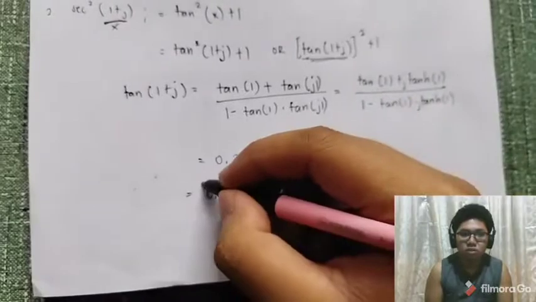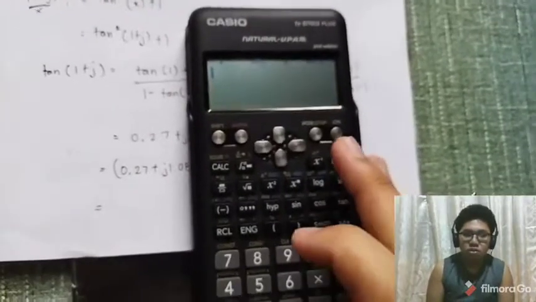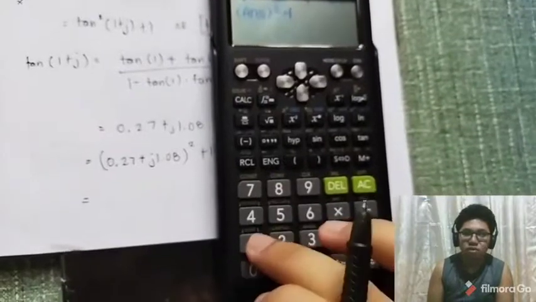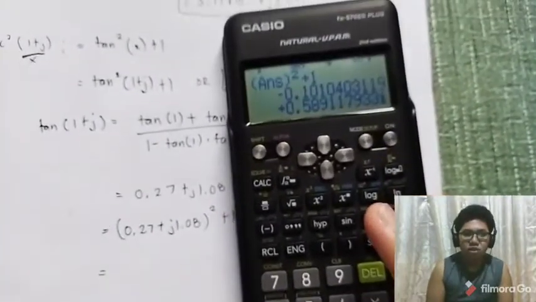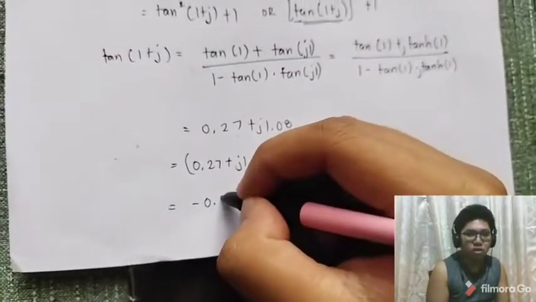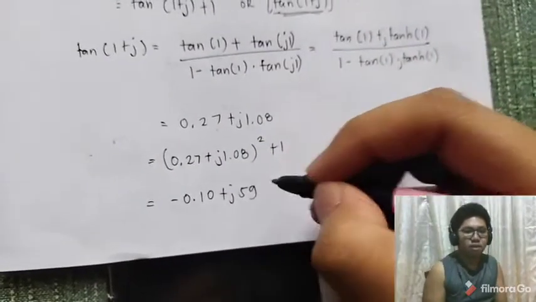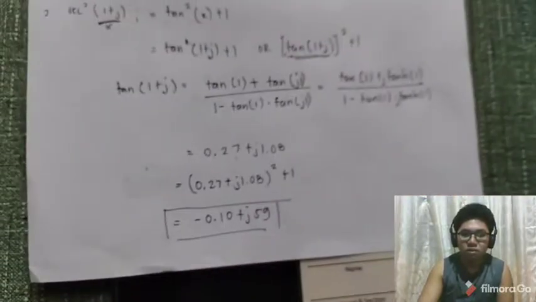So our tangent of 1 plus j is equal to 0.27 plus j 1.08. So we will get the square of that and add 1. So the value for the secant squared of 1 plus j is equal to negative 0.1 plus j 0.59. That should be 0.59.